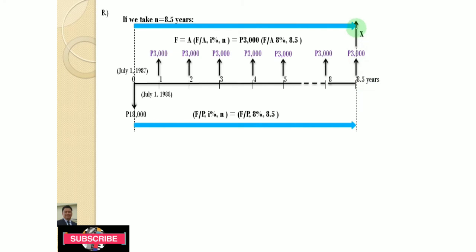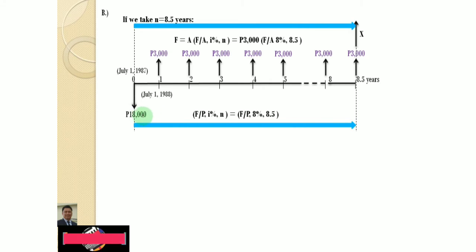This is another set of obligation, a cash deposit: this 18,000 pesos. Its formula is F given P at i percent in n periods, since we are going to determine the future worth of this principal amount, 18,000 pesos.